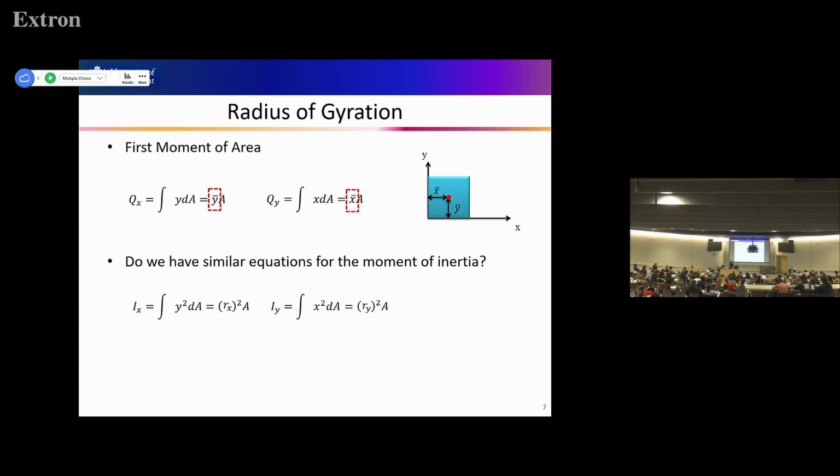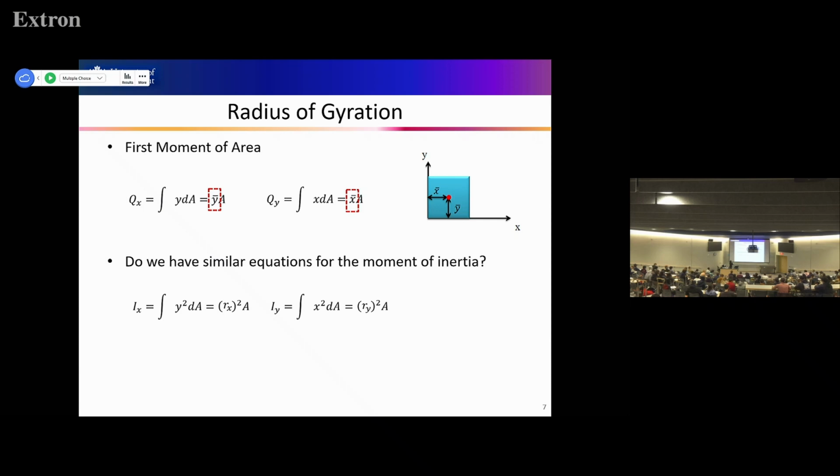So the radius of gyration is a derived quantity from the moment of inertia and the area. How can we find this Rx? If we equate this to Ix, what should the Rx equation be?